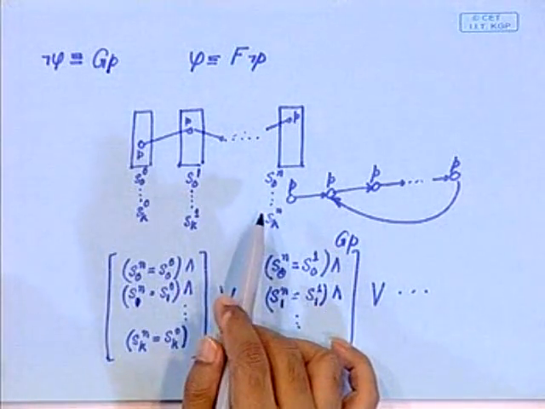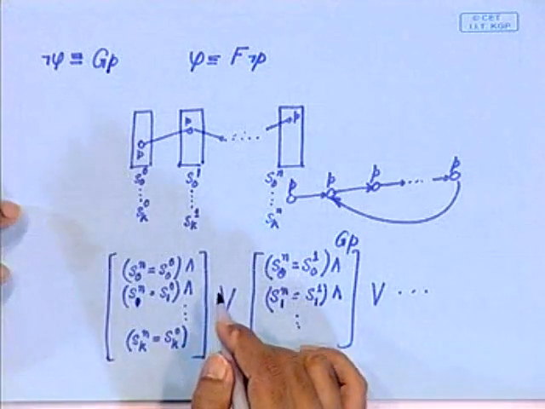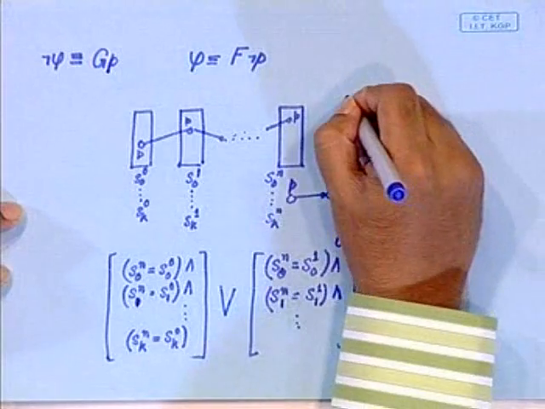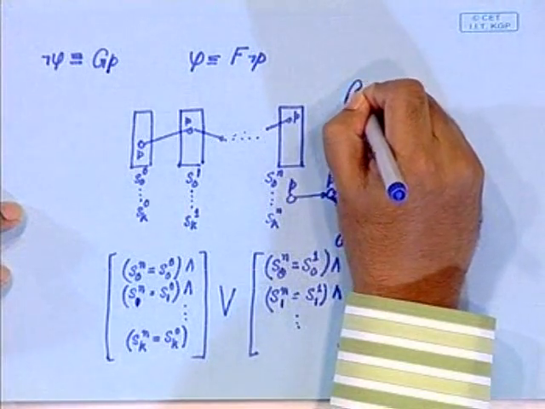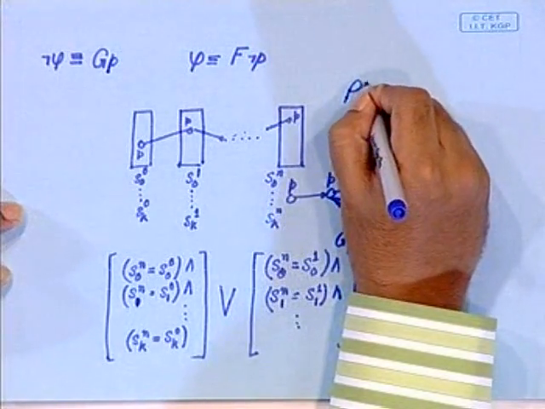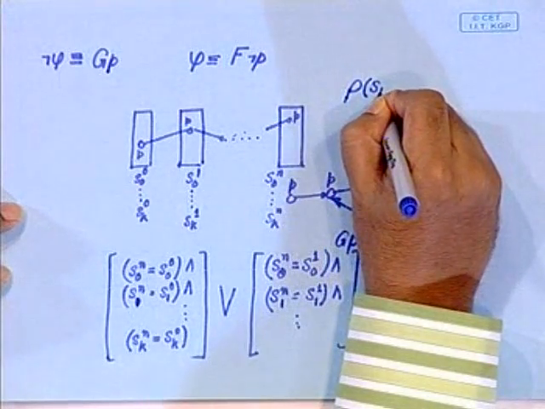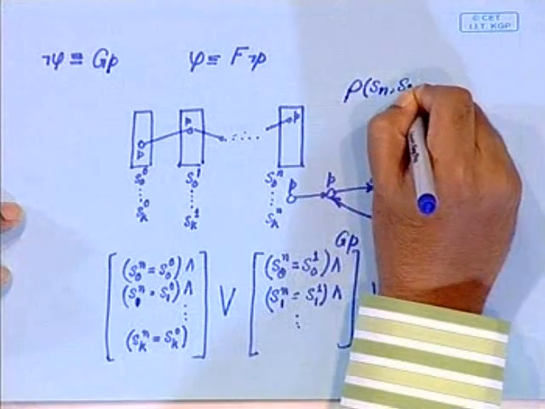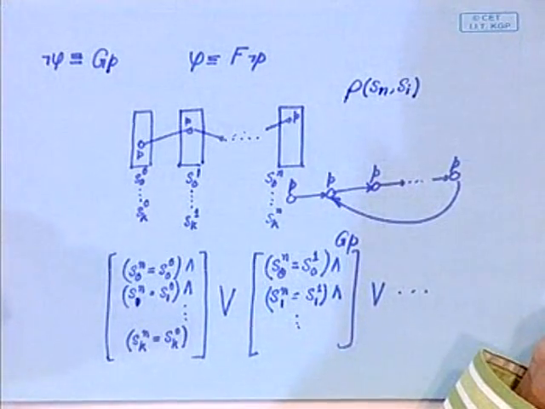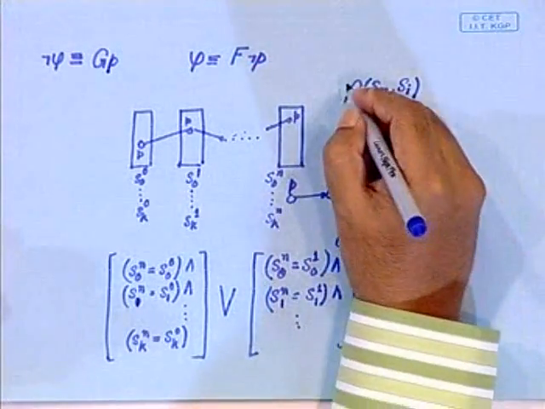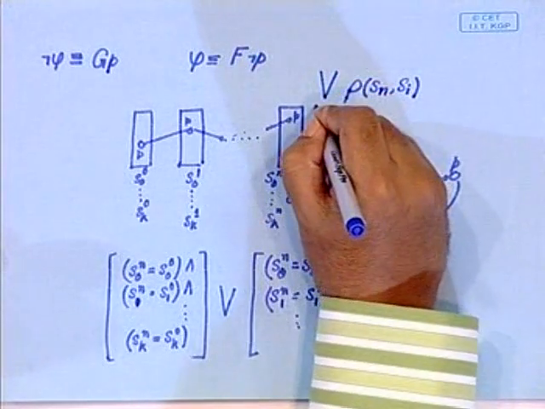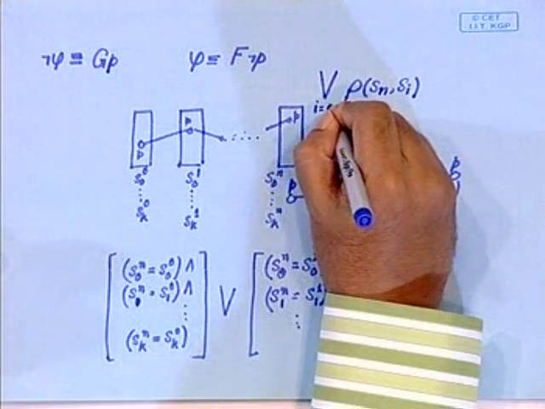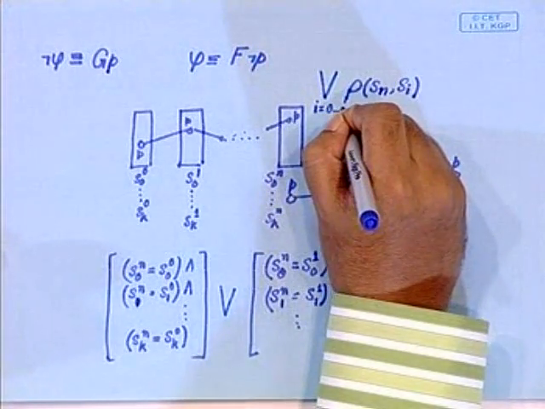Another way of looking at it is to check whether the transition relation rho, from Sn to Si, is true, and or over this for i equal to 0 to n.